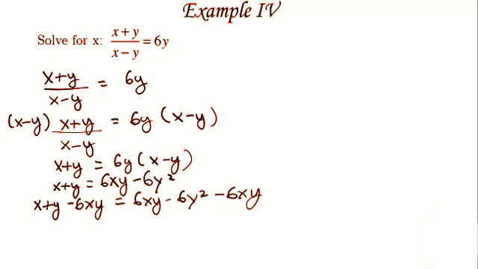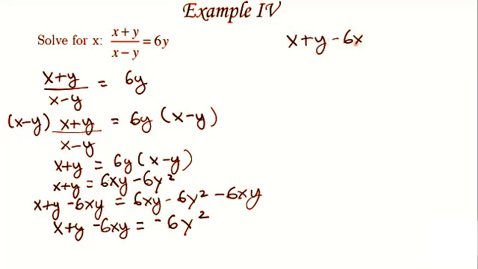Okay, this gives me x plus y minus 6xy equals negative 6y squared. Coming up here, rewriting this: x plus y minus 6xy equals minus 6y squared.